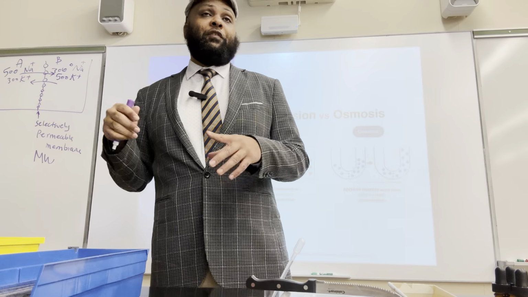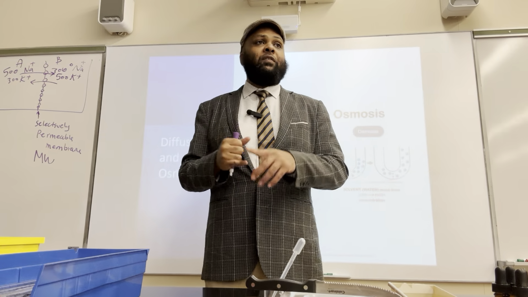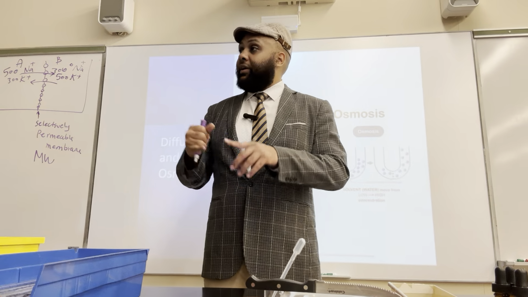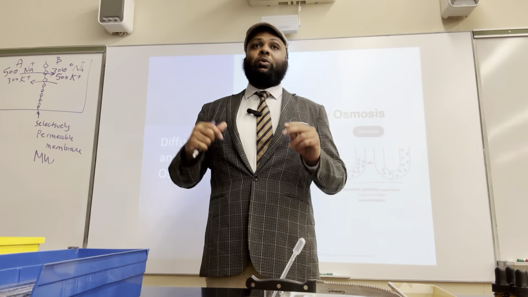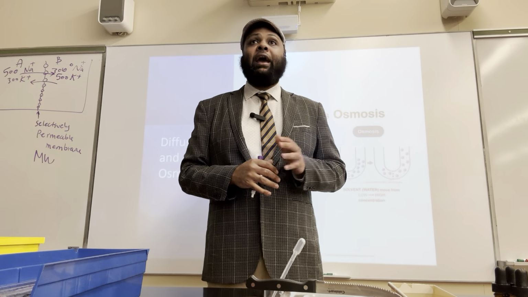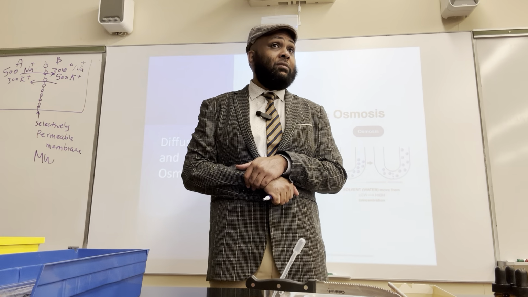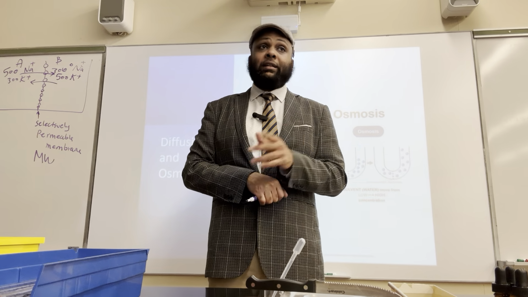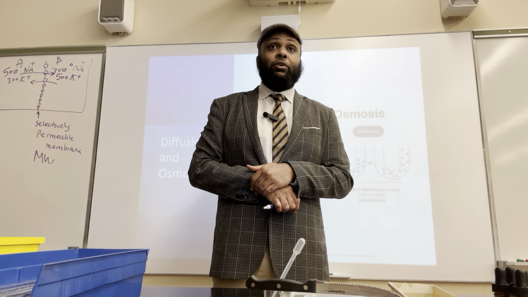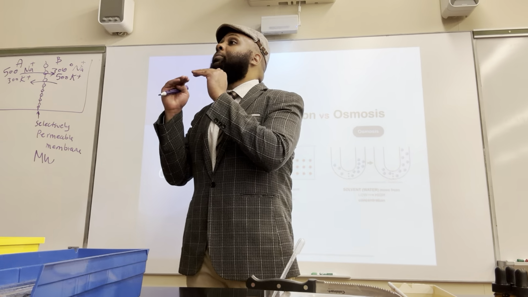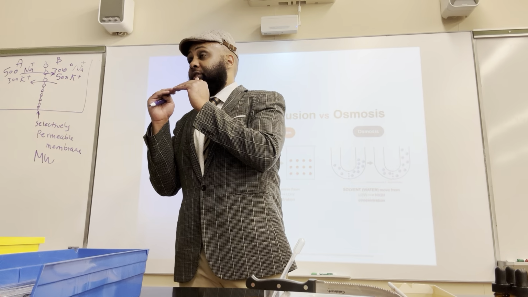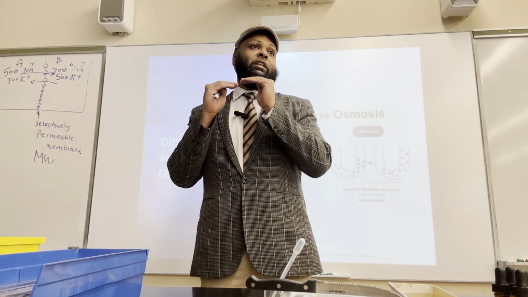If diffusion is the movement of solute particles from an area of a high concentration to an area of a low concentration, and students stop there, no, that's an incomplete definition, because now that sounds like they're going to move endlessly. No, they're going to move until equilibrium has been reached. When equilibrium is reached, then we stop.